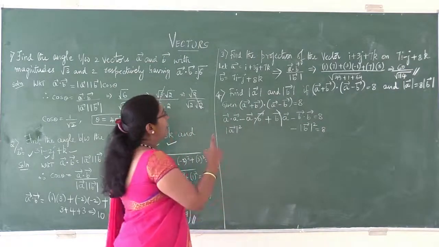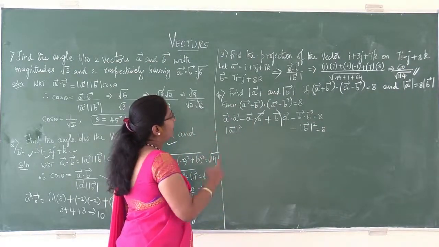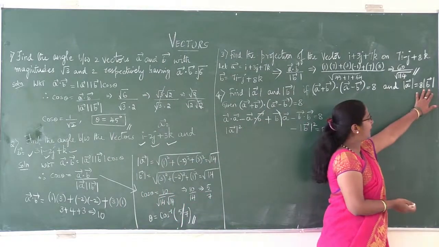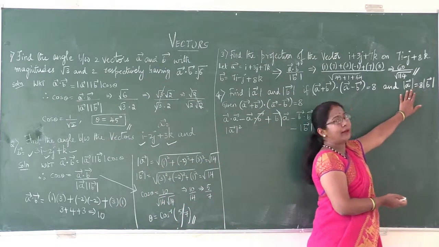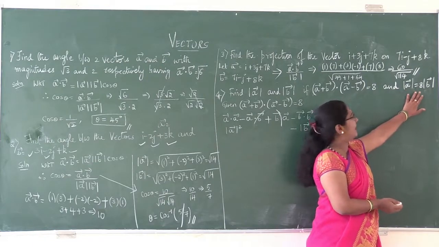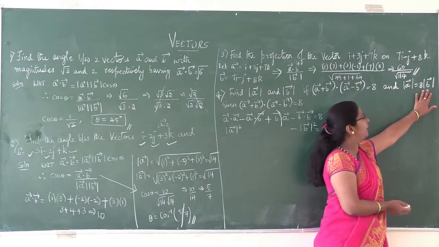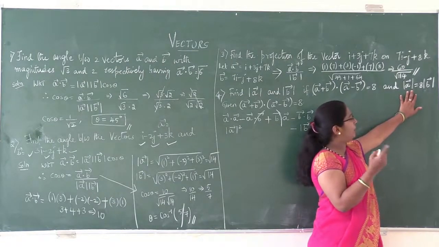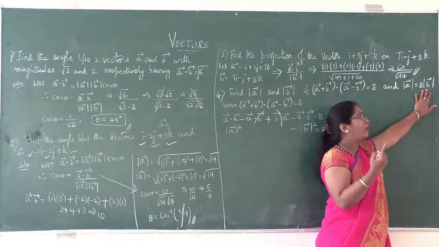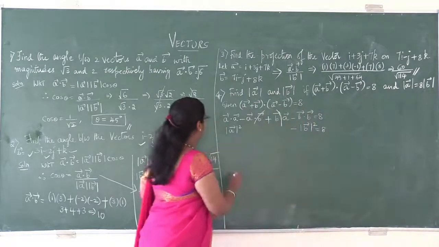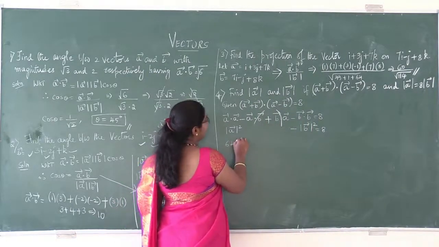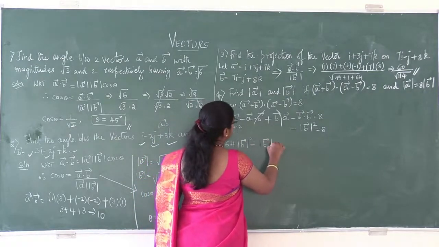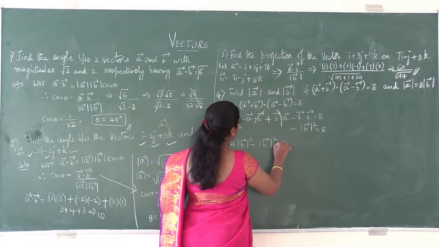Now what is given for vector A? In the question, the magnitude of vector A is given as 8 times the magnitude of vector B. So what will be the magnitude of vector A square? When you square, the right-hand side also gets squared, and 8 square is 64, so 64 times the magnitude of B square minus the magnitude of B square is equal to 8.